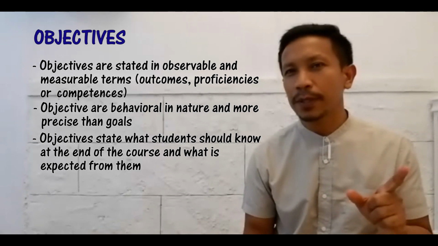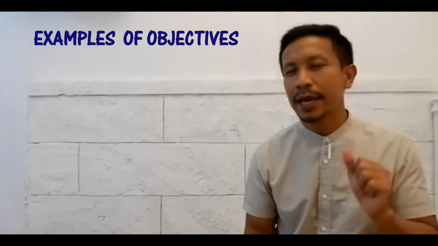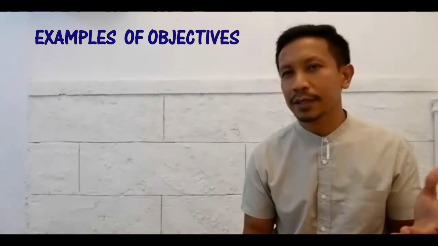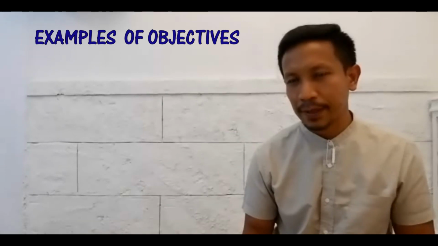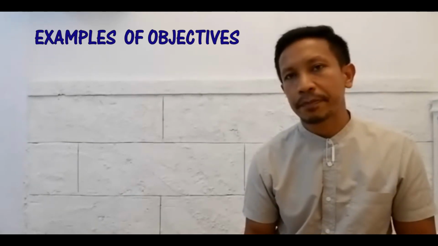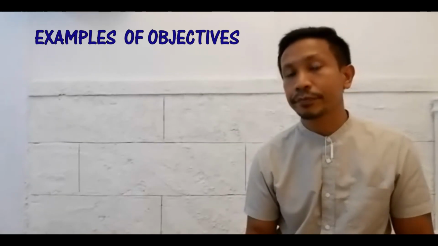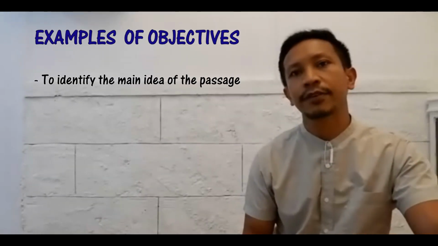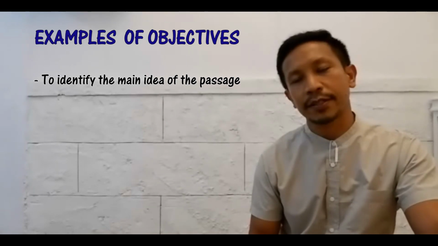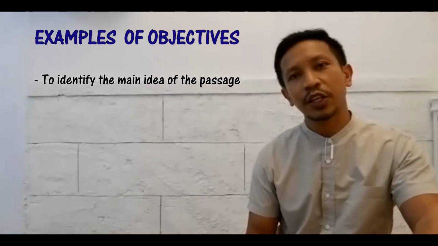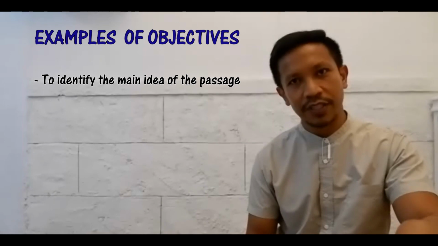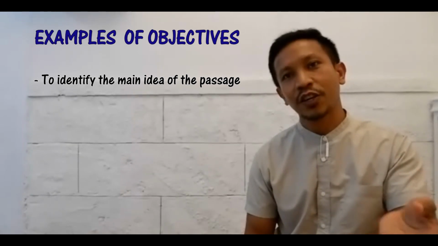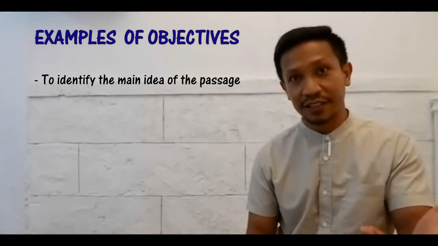To understand this one, let's see the example of objectives, and then there we can talk more about it. We can expand it. Okay, here it is. The first one, to identify the main idea of the passage. So when you assign your students to identify the main idea, then you can measure the activities.